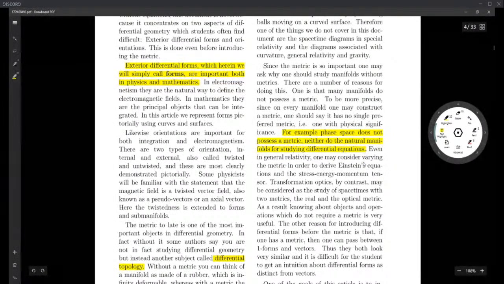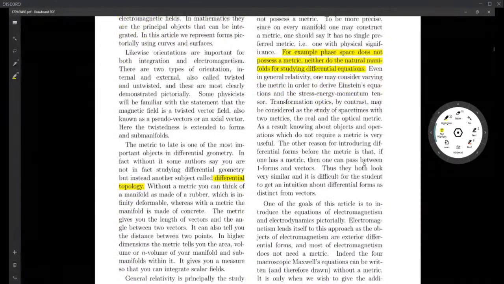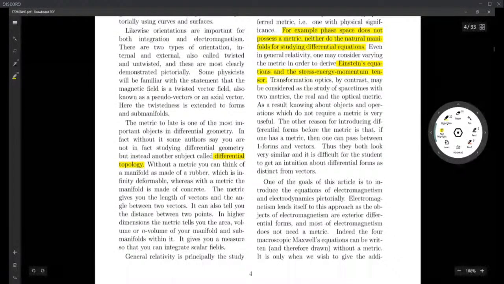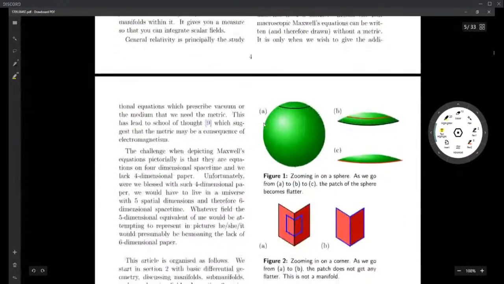You would also need the stress energy momentum tensor in order to derive Einstein's equations. You have all those examples. So before we dive into it, we try to understand the things before we actually go into it. That's one thing that I'm going to make clear right here.